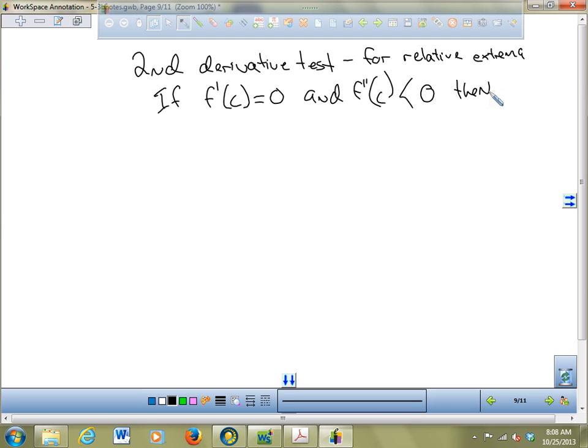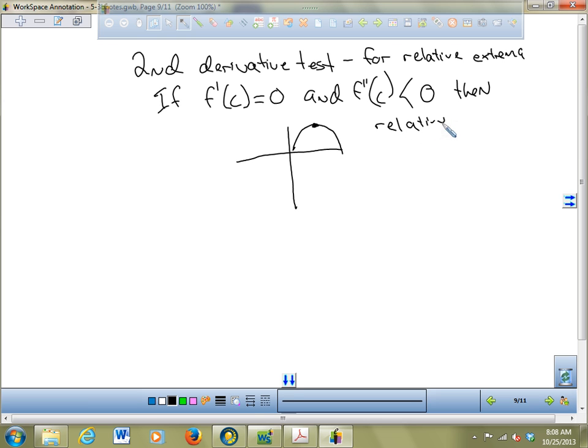If f prime of c is 0, the derivative is 0, and it's concave down, the second derivative is negative. The slope is 0, but it's concave down, so what type of point do I have? A relative maximum.